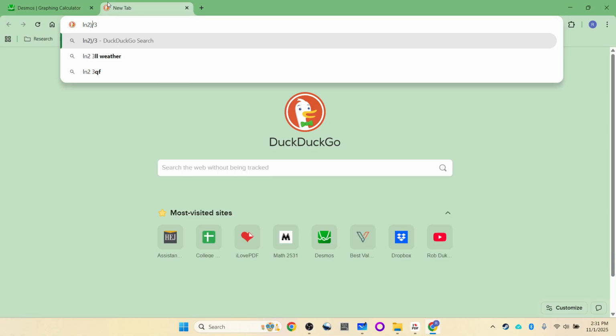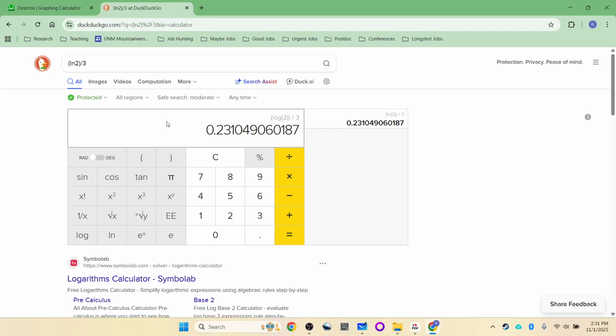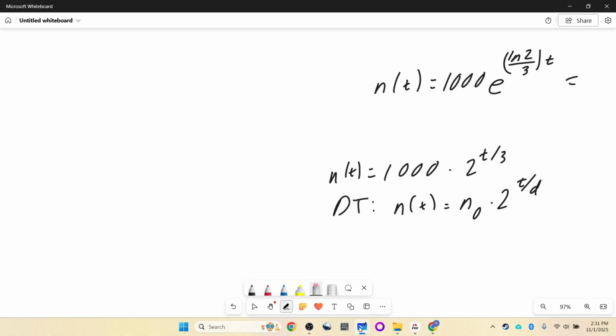Put that in parentheses just in case. About 0.23. So yeah, you could say this is about 1,000 e to the 0.23t. Or you could say it's 1,000 times 2 to the t over 3. They will come out to the same thing, is my point.